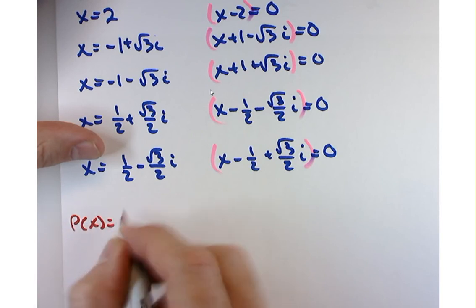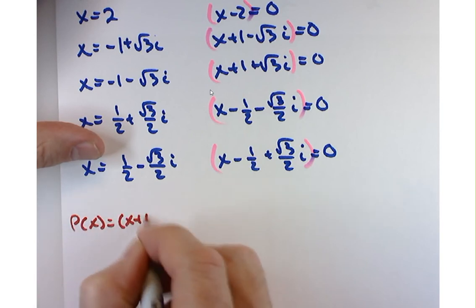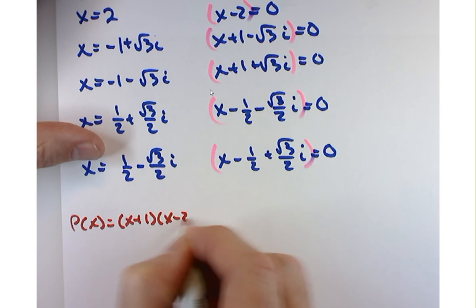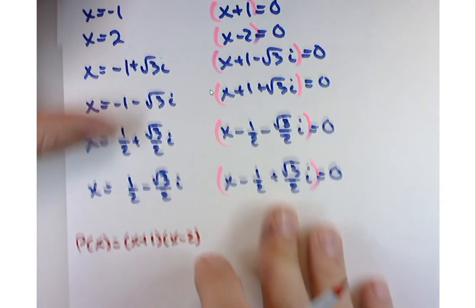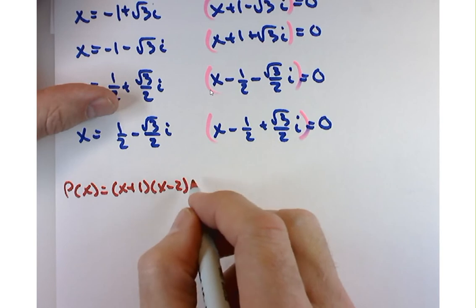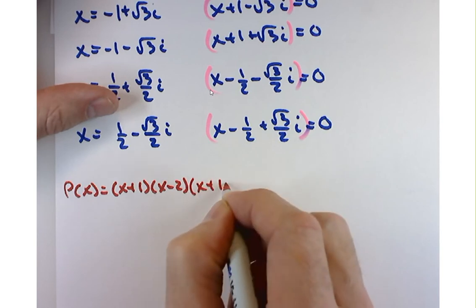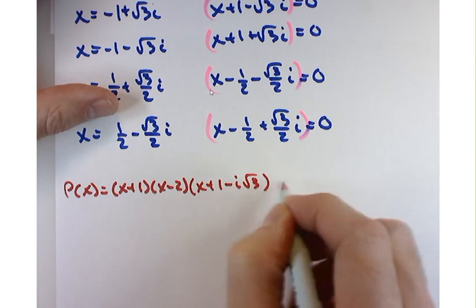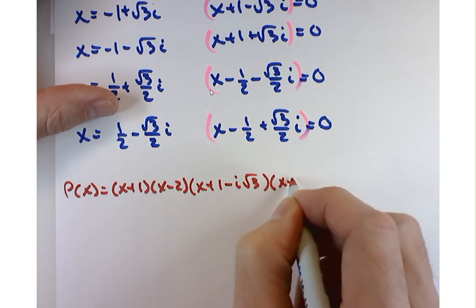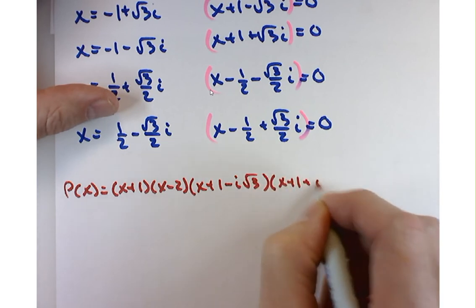P of x is going to be x plus 1 times x minus 2. And all I'm going to do is just list all these all the way down. Times x plus 1 minus, I'll write it as i times the square root of 3. And x plus 1 plus i times the square root of 3.